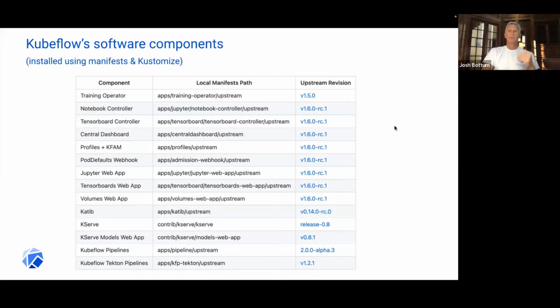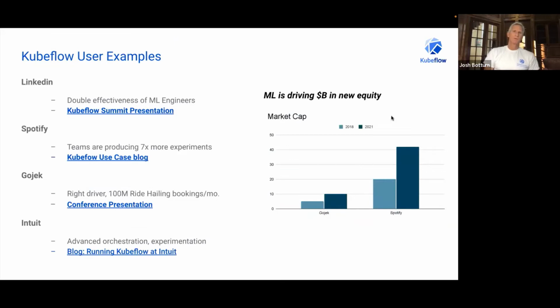This is just showing you that we use manifests and Kustomize to do this. And Kustomize provides a lot of flexibility because you can override the defaults of the parameters that you're using to deploy with. This gives a lot of advantages, not just because if you have some changes that need to come in later, it's easy to make adaptations, but also for distributions or vendors that support Kubeflow.